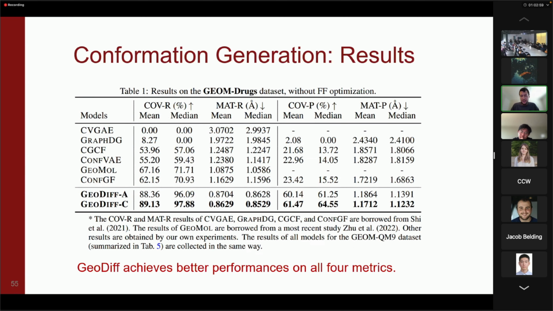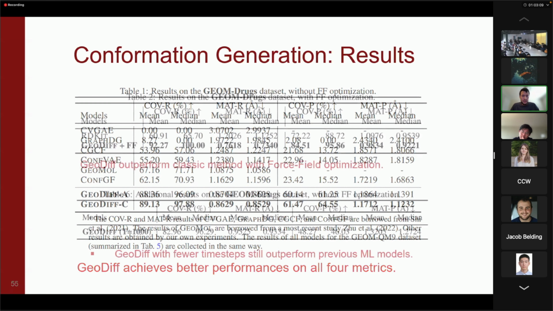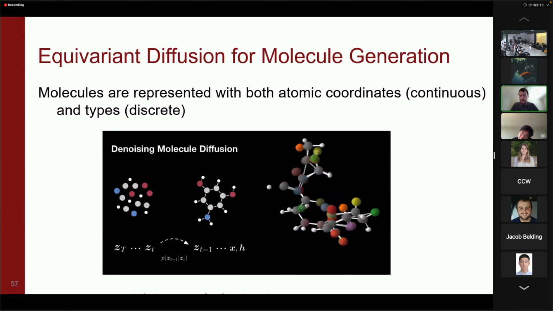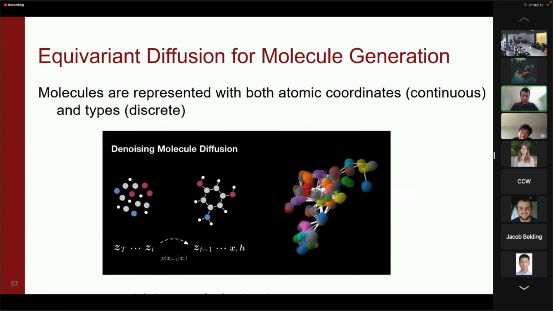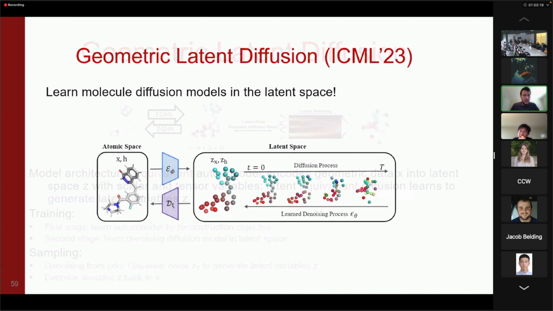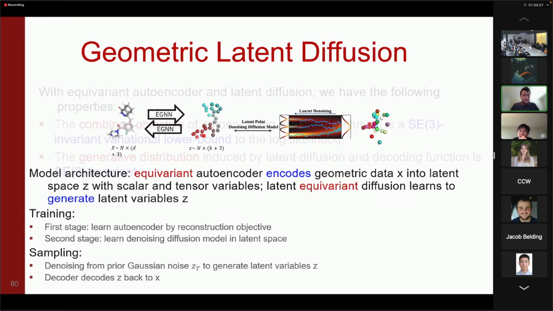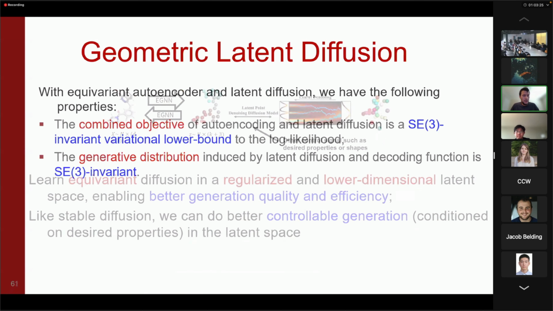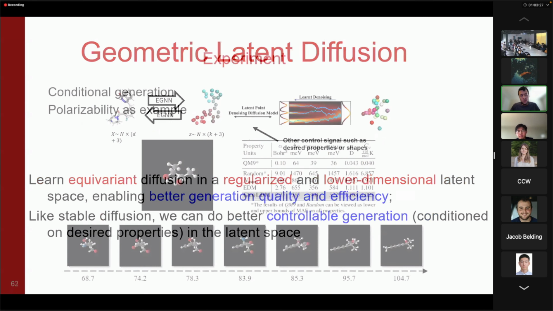It works quite well at generating the conformation of molecules given their structure, given their graph representing the atoms and the bonds. And we've also extended it to settings where you're also trying to figure out what the atom types should be using latent diffusions, but I'll skip through this. It's a similar idea, a diffusion model, just done over a latent space. And again, it works pretty well.